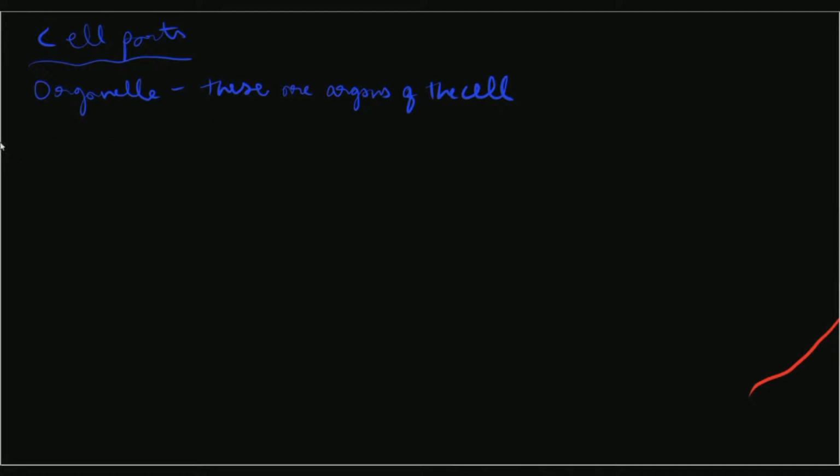Okay, let's go ahead and start. The only way I think we can do this is by just naming them off and writing down what they are. First I'm going to talk about the animal cell.